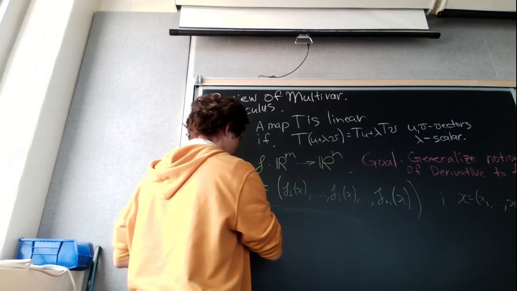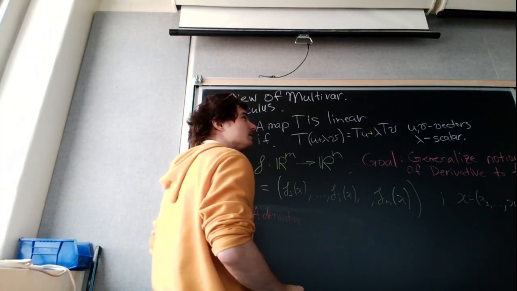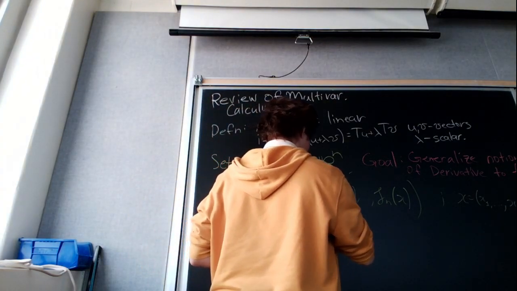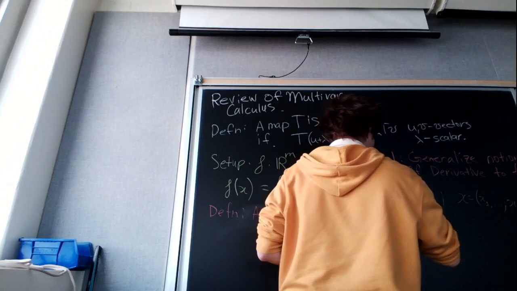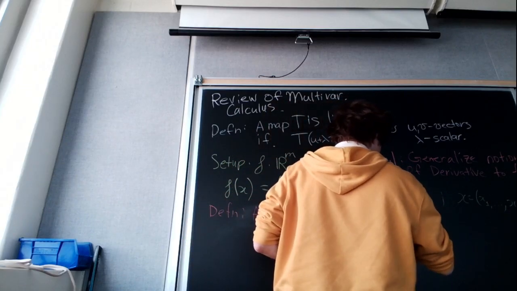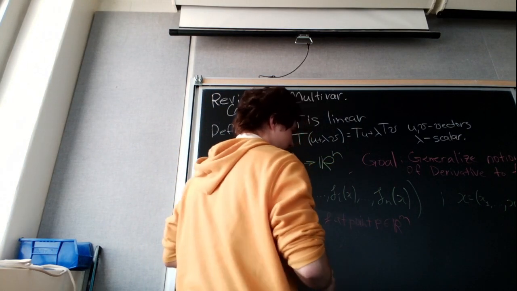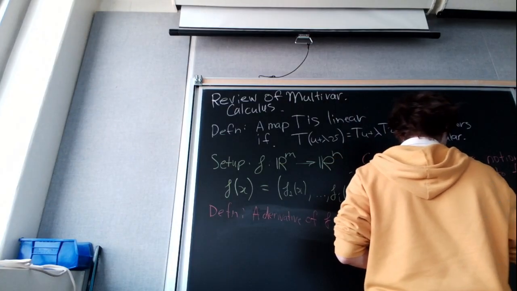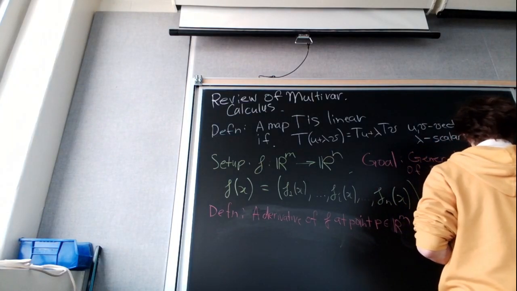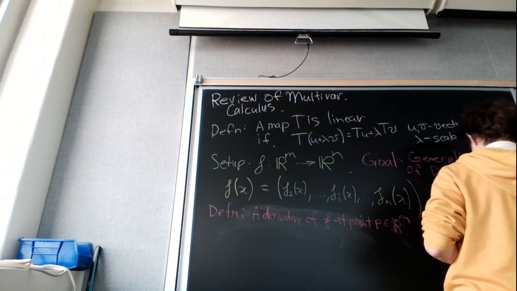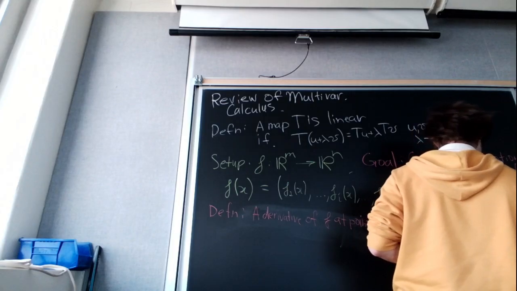A derivative of f at a point p in Rm is, colloquially, the best linear approximation to f at p.